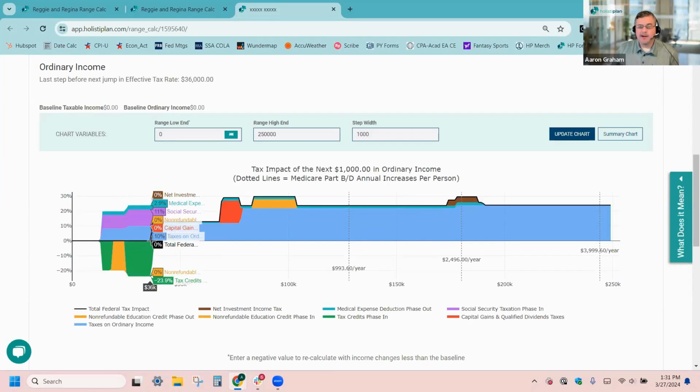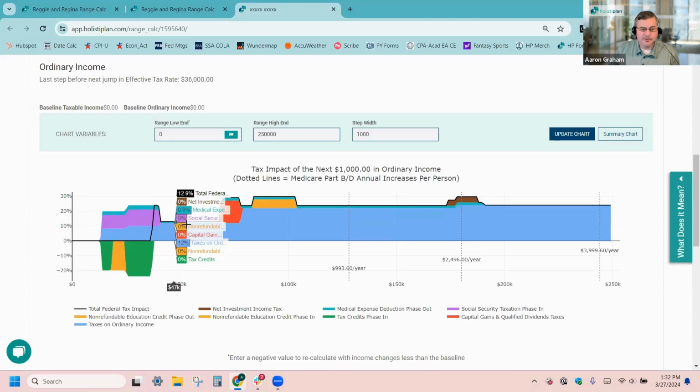At some point, you add enough income and create enough of a tax bill that all the credits are used up and are exhausted. That's when you start to see this black zero total federal tax impact. You'll see that go from zero, and now we're looking at a positive number. This is where they start to actually incur a tax bill.